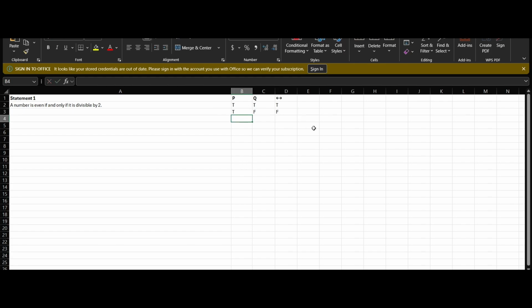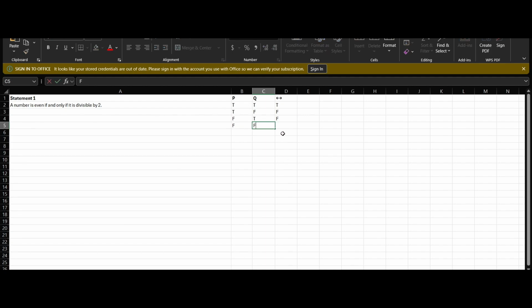Let's say that a number isn't even, but it is divisible by two. It will still be false, because biconditional statements rely on both of the truth values either being both true or both false. And the last would be: a number isn't even and it isn't divisible by two.